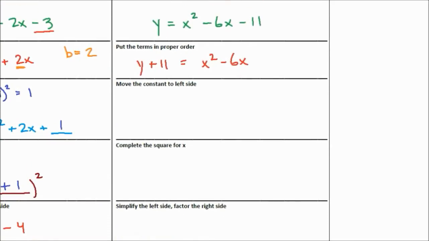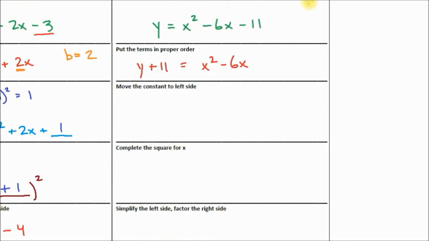Next step, complete the square for x. In this step, we're going to rewrite our equation and make a nice blank. I'll always put positive because we know this value has to be positive. Equals x squared minus 6x plus some number. What is that number? That is found with b over 2 squared. Oh, we forgot to identify b. Take a look.